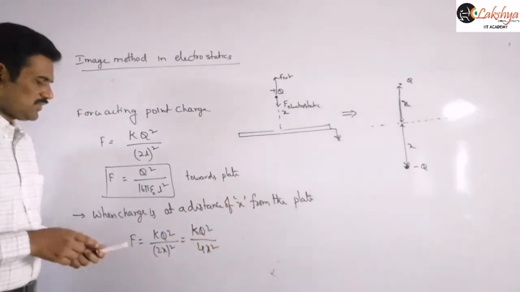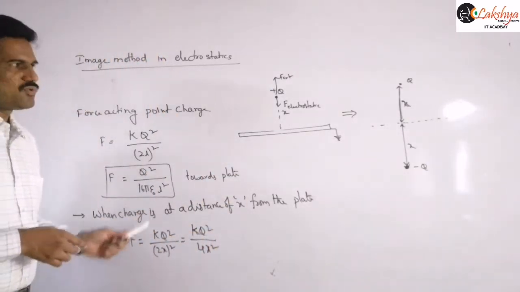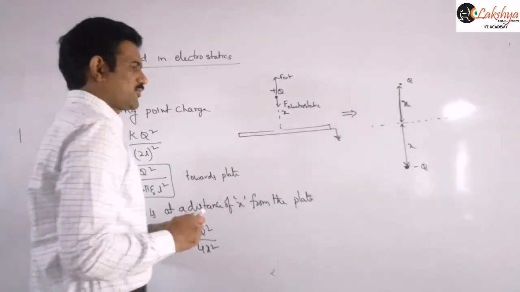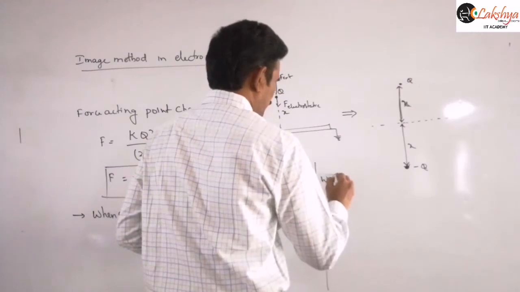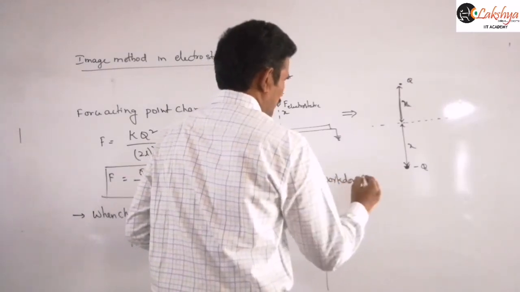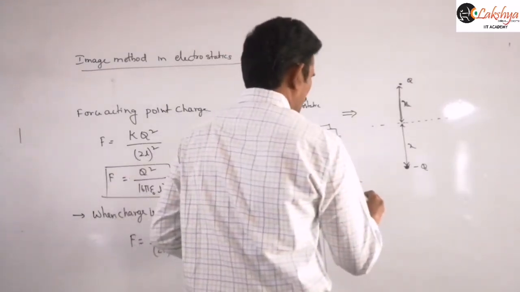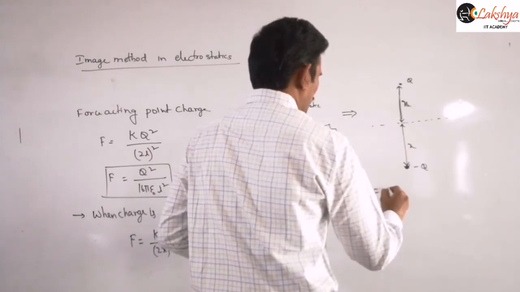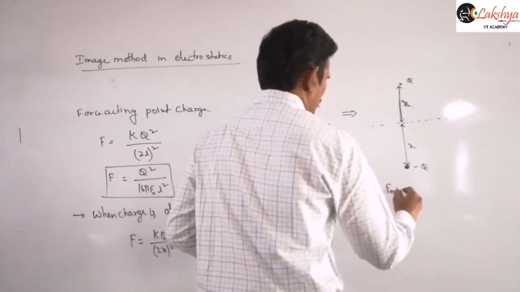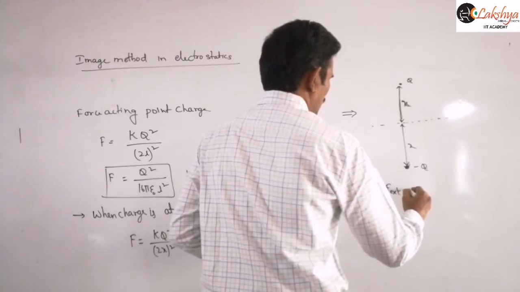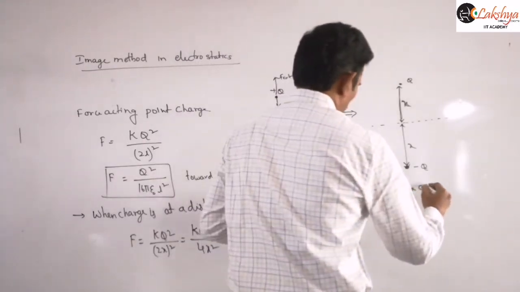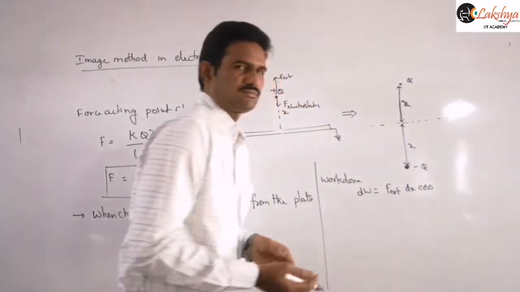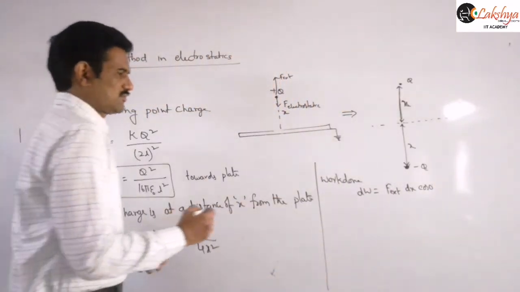Right? And so now this force is the external force, and therefore I can write the work done as dW is equal to F external into dx displacement into cos 0. That is the work done by the external force.